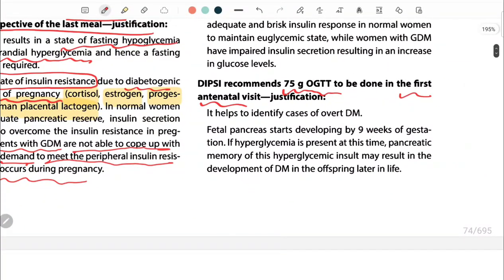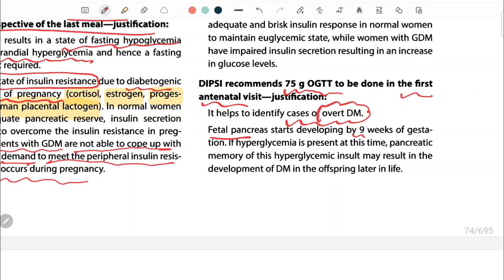The justification is it helps to identify cases of overt DM, and the fetal pancreas starts developing by around 9 weeks of gestation. So if hyperglycemia is present at this time, pancreatic memory of this hyperglycemic insult may result in the development of DM in the offspring later in life.